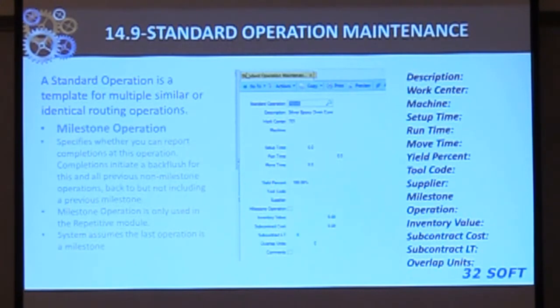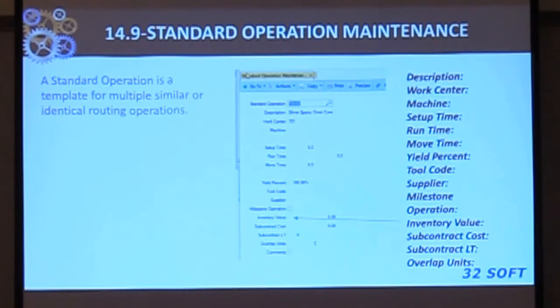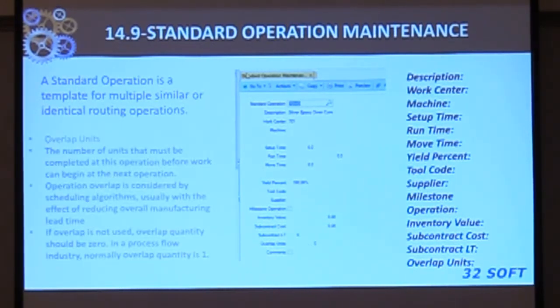And milestone operations are primarily for advanced repetitive. And milestone repetitive, or milestone work operations are the places in the routing where you can report work and any previous work that has been produced. Then you can also define your inventory value, subcontract, or overlap.